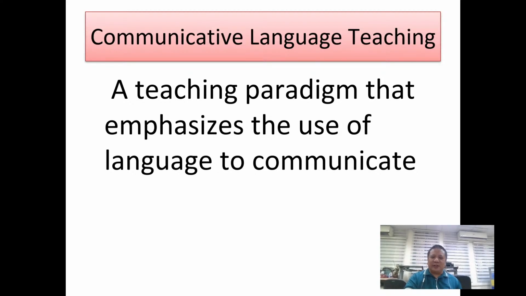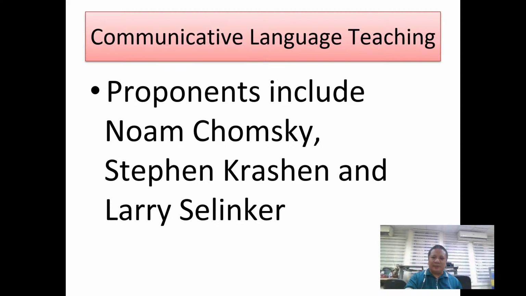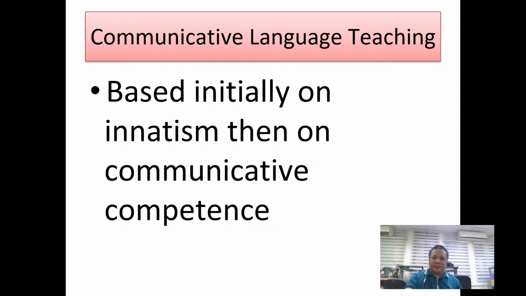Its emphasis is on communication. Proponents of CLT include Noam Chomsky, Stephen Krashen, and Larry Selinker. Communicative language teaching was based initially on innatism, then on communicative competence.